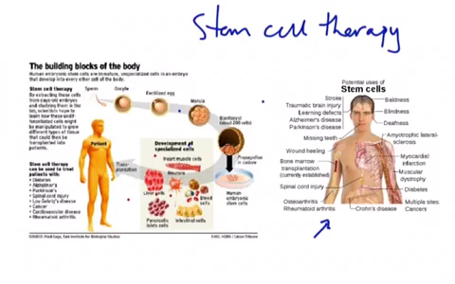The range of possibilities seems quite enormous. I don't think we're quite there yet in terms of applying stem cell therapy to these areas, although I think early research into application in Parkinson's disease has been promising, and a number of other areas.